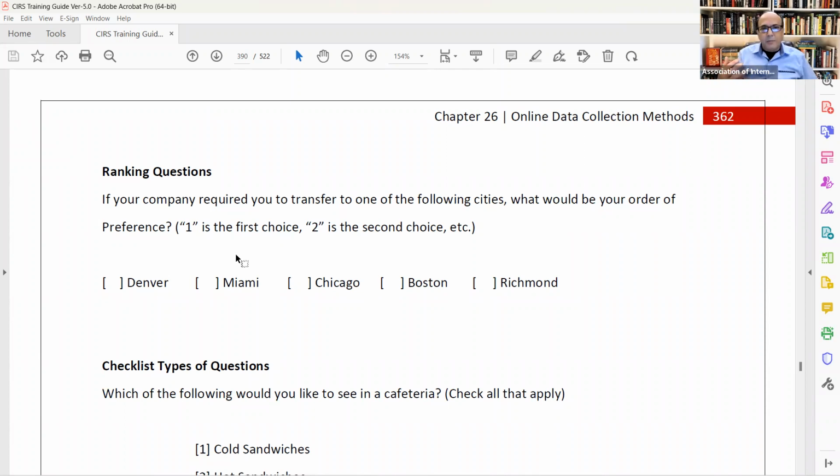Perhaps their choice could be that they don't want to go anywhere out of these, let's say, 5 different locations, so there are 5 different cities to make it a choice. They won't have the opportunity to not put anything in them. So these are called ranking questions. It has to be ranked like first choice, second choice, third choice, and so on.